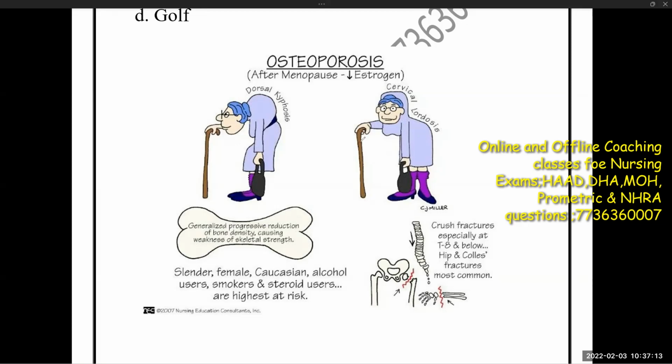Steroids, antacids, and OCP. Okay. Steroids, antacids, and OCP. And smoking is also considered as a risk factor.